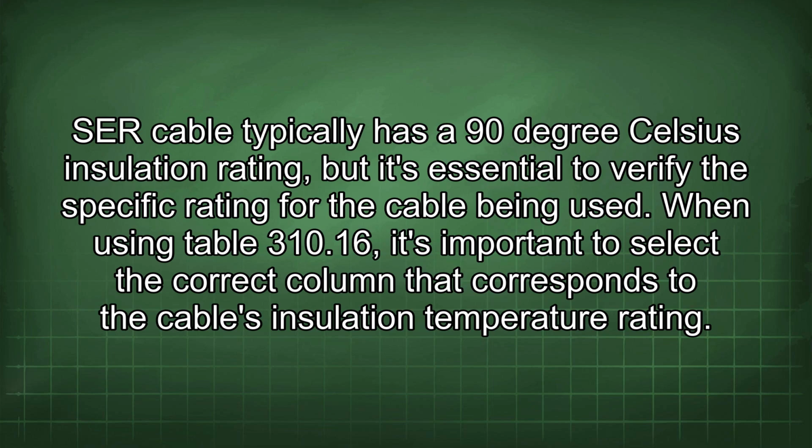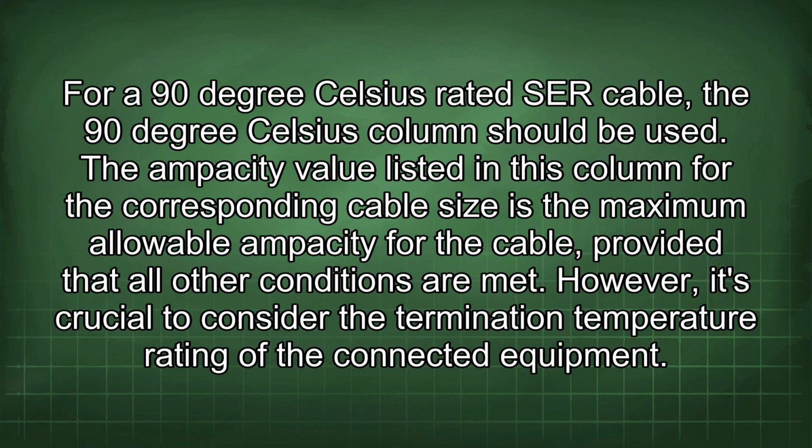When using Table 310.16, it's important to select the correct column that corresponds to the cable's insulation temperature rating. For a 90°C rated SER cable, the 90°C column should be used. The ampacity value listed in this column for the corresponding cable size is the maximum allowable ampacity for the cable, provided that all other conditions are met.